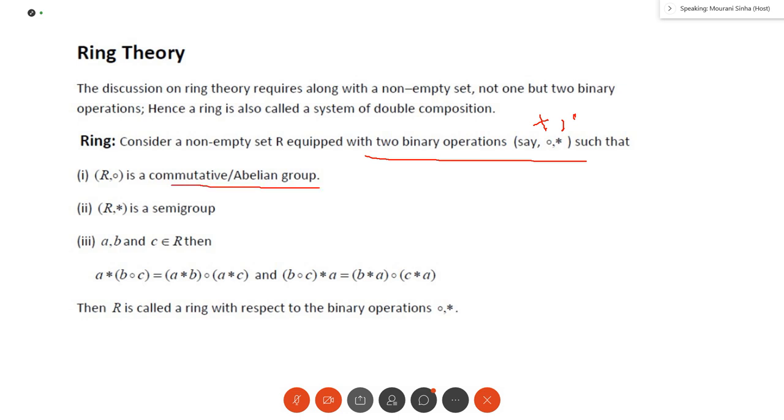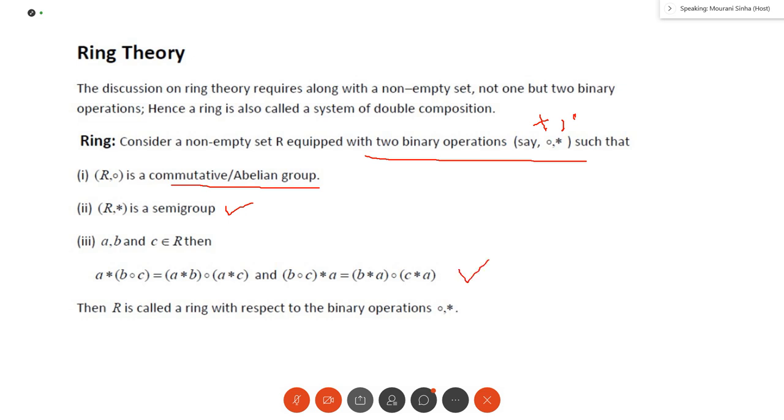So under addition, you have to show that all of the 5 properties hold. Then for multiplication, only till semi-group. That means closure and associative. So first, you have to prove for addition till abelian group, a semi-group for multiplication, and then you have what is known as the distributive law.